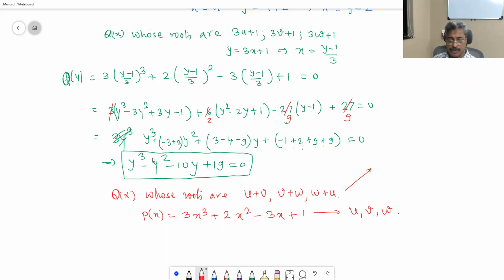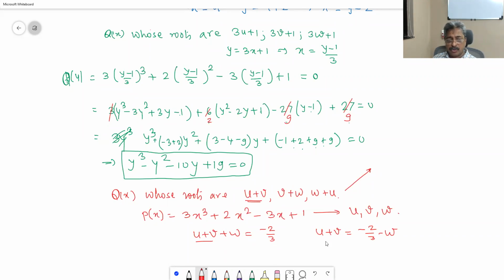And as far as transformation is concerned, what is u plus v plus w? It is minus 2 by 3. And you are supposed to find out this. Your root is u plus v. So u plus v is going to be minus 2 by 3 minus w.